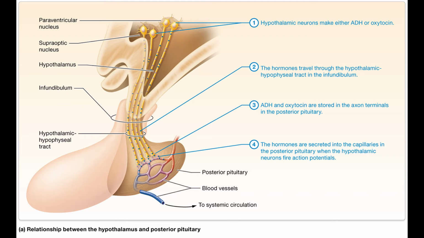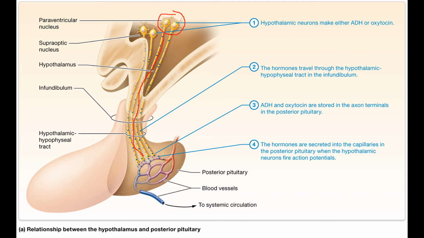But this figure shows essentially what we mean when we say that these hypothalamic hormones are stored in the posterior neurohypophysis, this posterior pituitary. They're created up here in those supraoptic and paraventricular nuclei, and then they travel down the hypothalamic hypophyseal tract, and then they just sort of wait in the axon terminals in their synaptic vesicles.